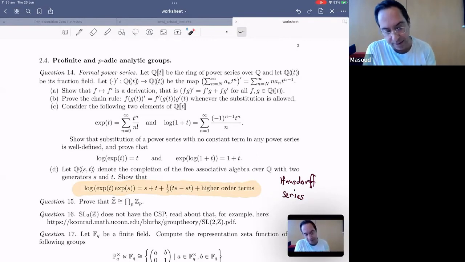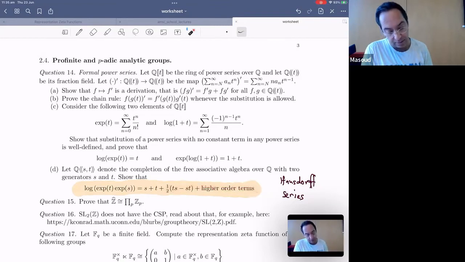Then you can think about the exponential map and the log map, these 2 power series, and then you observe the log of the product of the exponentials. Note that if t and s commute, then the exponent of t times the exponent of s is the exponent of t plus s, and the log of that is just t plus s. So if t and s commute, you don't see all that.